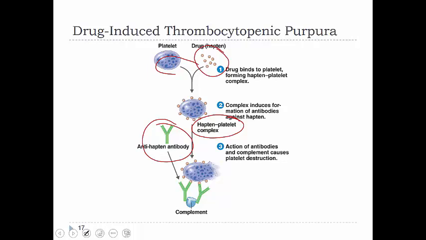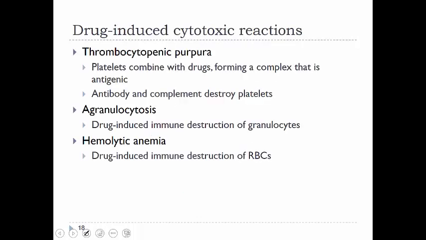Therefore, you actually damage your own cells because of the drug. You'll notice this in older individuals. Sometimes they'll take a new drug and you'll actually see what looks like bruising all over their skin. And that's where their platelets have been destroyed because of the drug binding with it, because of an antigenic interaction. The drug combines, and antibody and complement destroy the platelets.